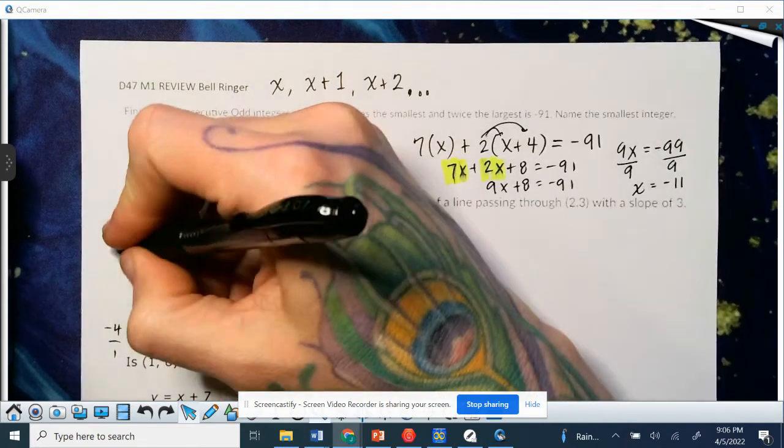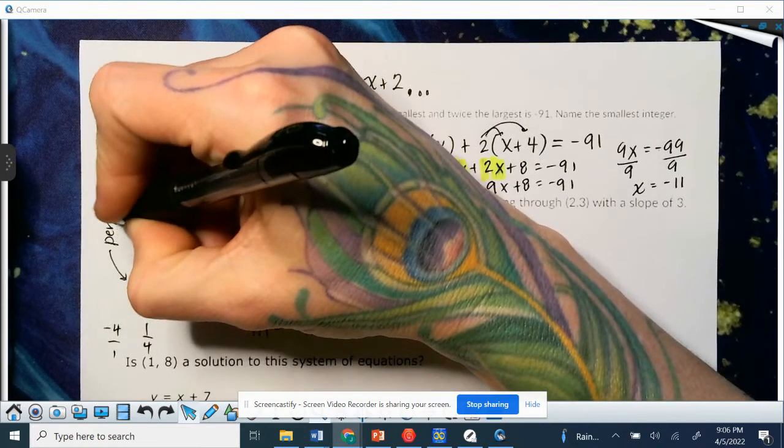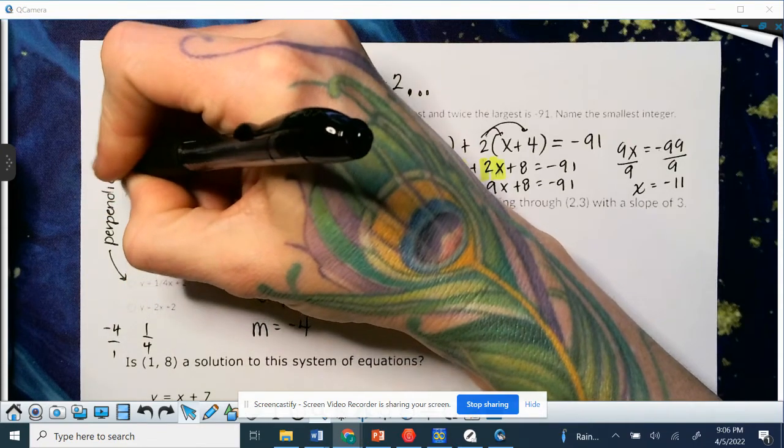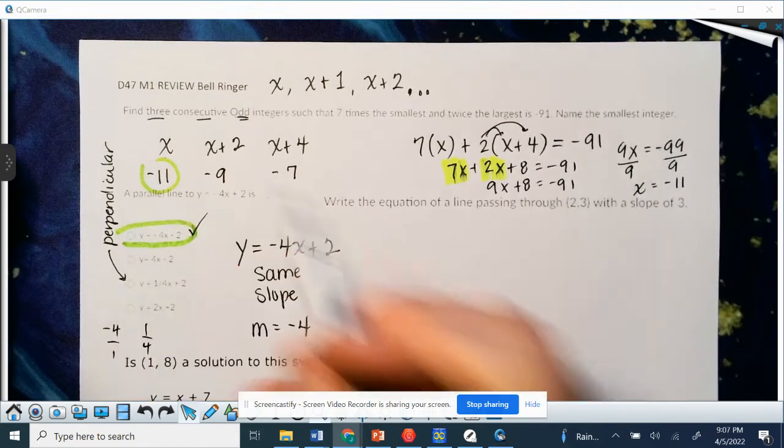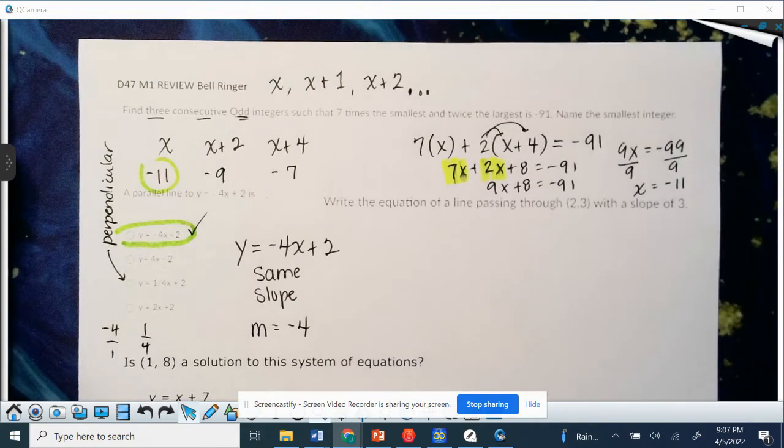So our third choice here is actually perpendicular because of the opposite reciprocal slope. And then y equals 2x plus 2 is no relation at all. So to answer the question correctly, you are looking at your A option, y equals negative 4x plus 2.